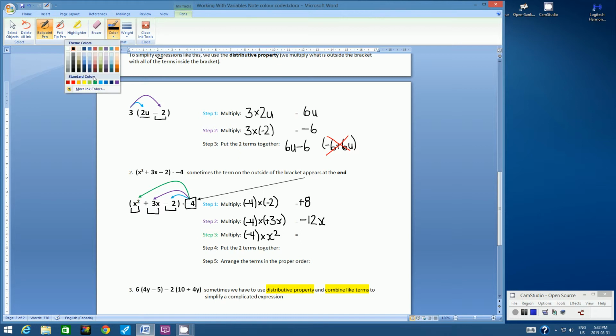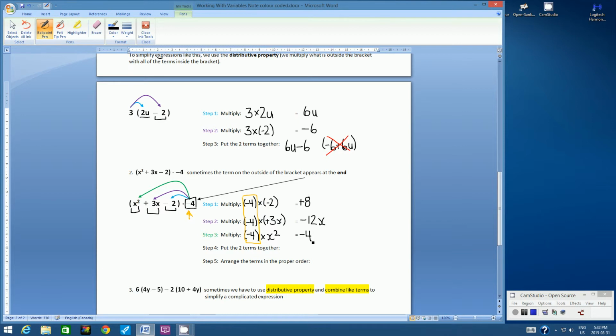So I just want to highlight something here. You'll notice that the first thing that we're multiplying by is always the same. And it's always going to be the same because it's whatever is here on the outside of the bracket. Okay? All right. So what's -4 times x squared?